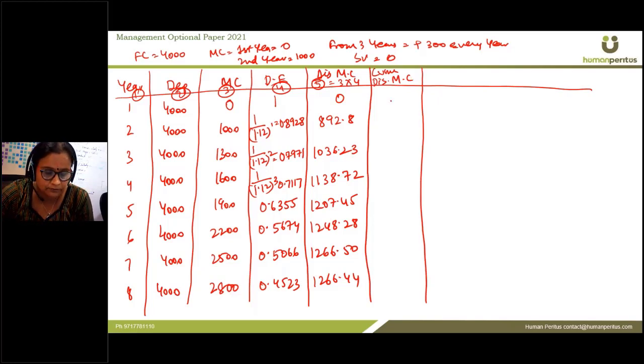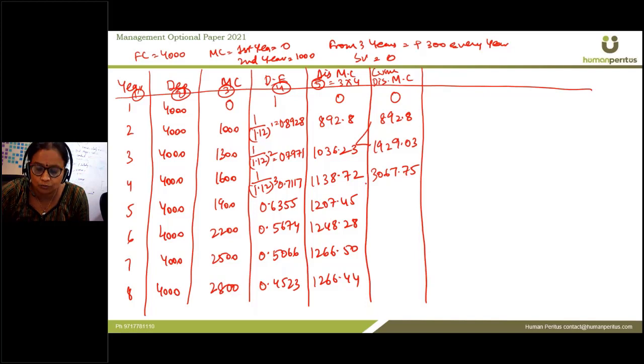As we did in the previous question also. So first would be 0 only, right? And 0 plus 892.8 would be 892.8, right? So keep on adding like this, 892.8 plus 1036.23. This will give me the value 1929.03. So 1929.03 when added to 1138.72 would give me the value 3067.75.